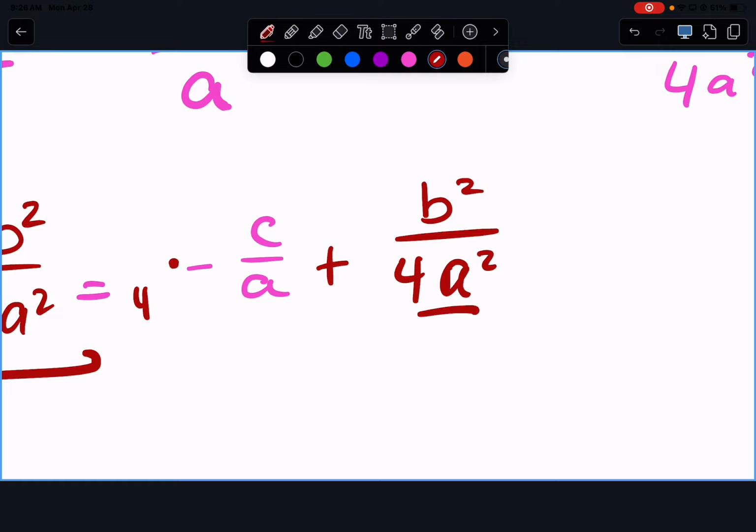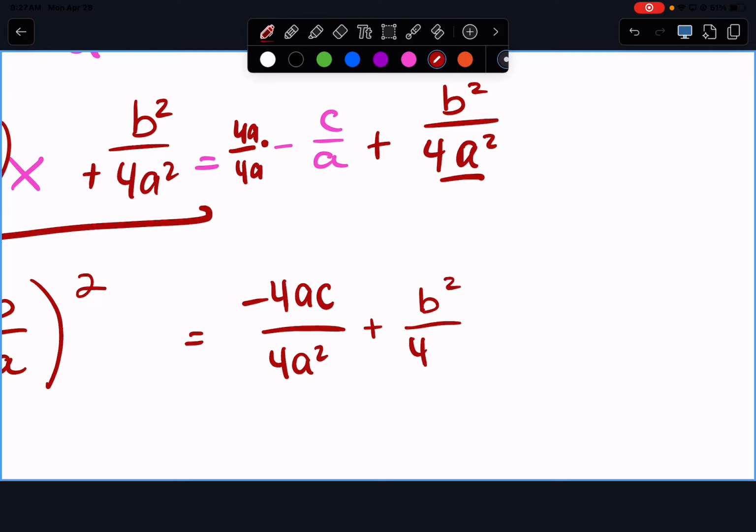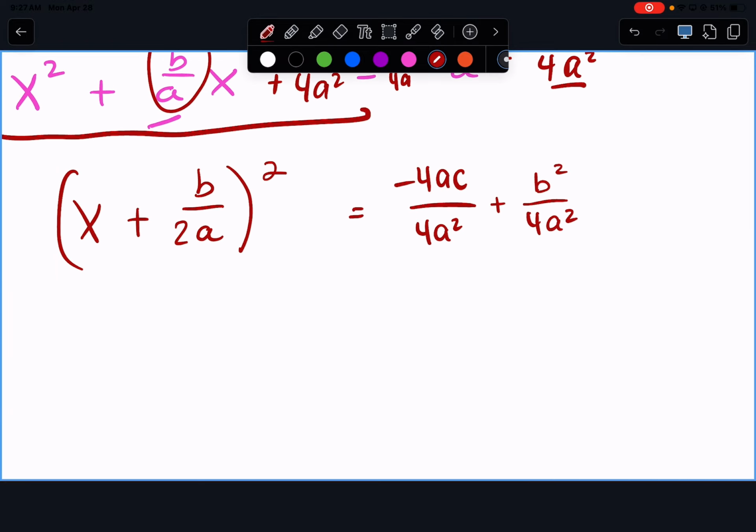We're multiplying by 4a over 4a, which will give us negative 4ac all over 4a squared plus b squared over 4a squared. So the right side, we can rewrite as b squared minus 4ac all over 4a squared.